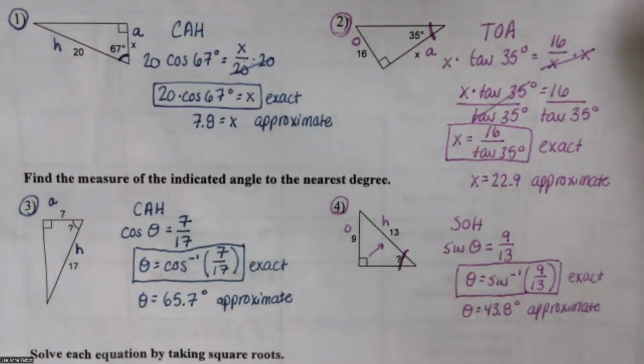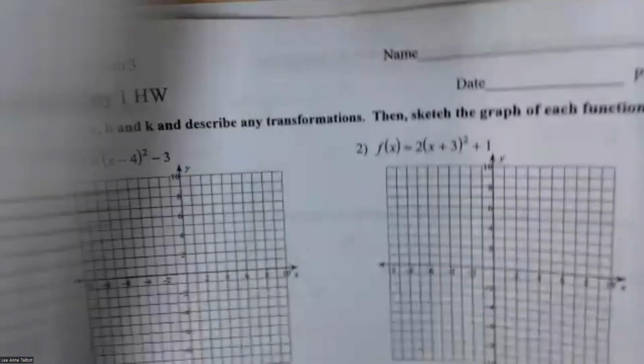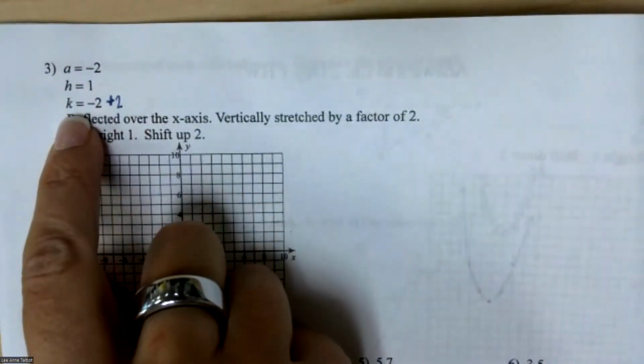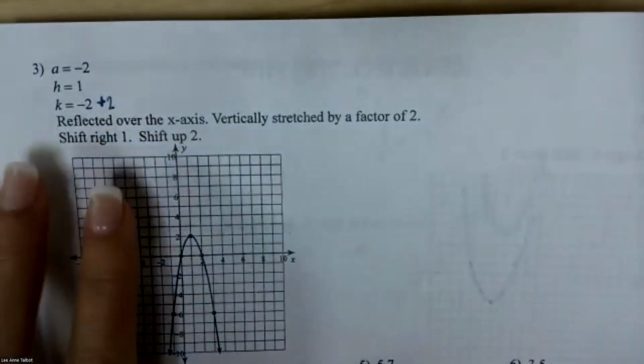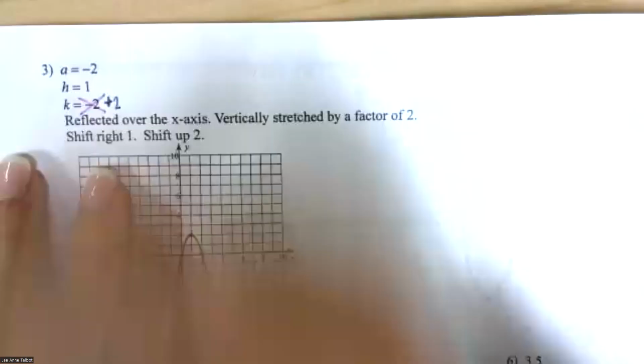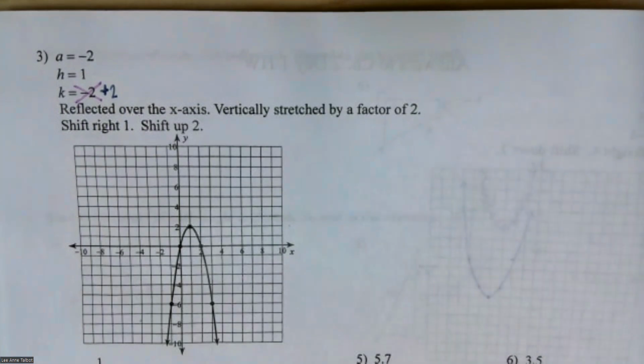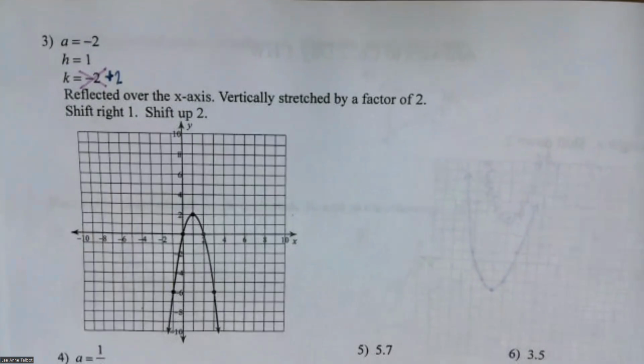Okay, now if you guys could look at last night's homework real quick. I'm extra special. There's another typo in the key. It was supposed to be +2 on number 3, not -2. Just in the fact that I like to keep things actually correct.